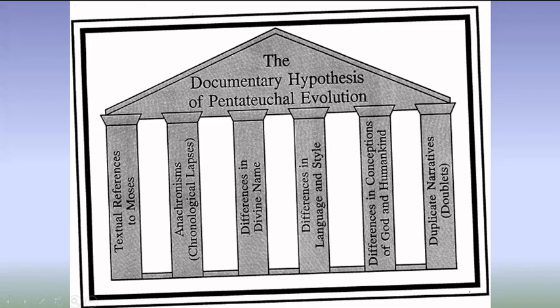Finally, criticism number 5, duplications of the narratives. These are called doublets. The biggest example is Genesis 1 and Genesis 2. If you read, both accounts are talking about the same creation event. So is this a duplication that is indicative of two different sources combined together?